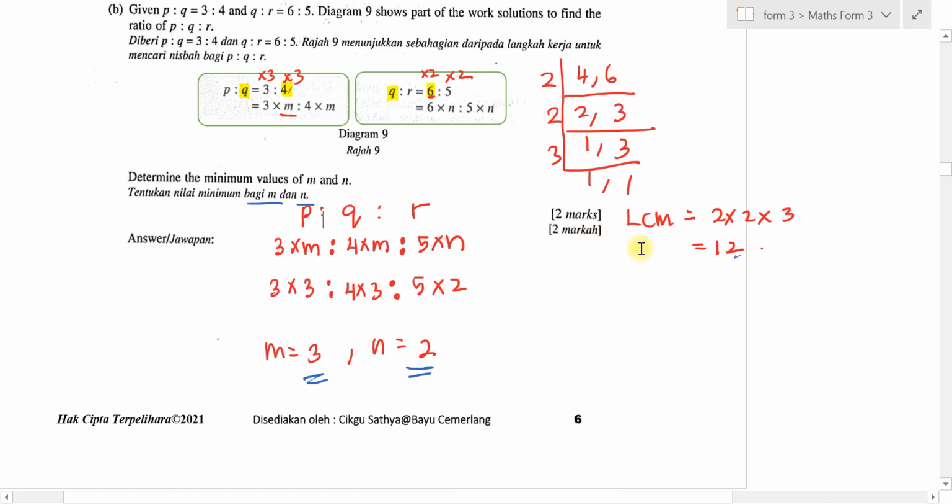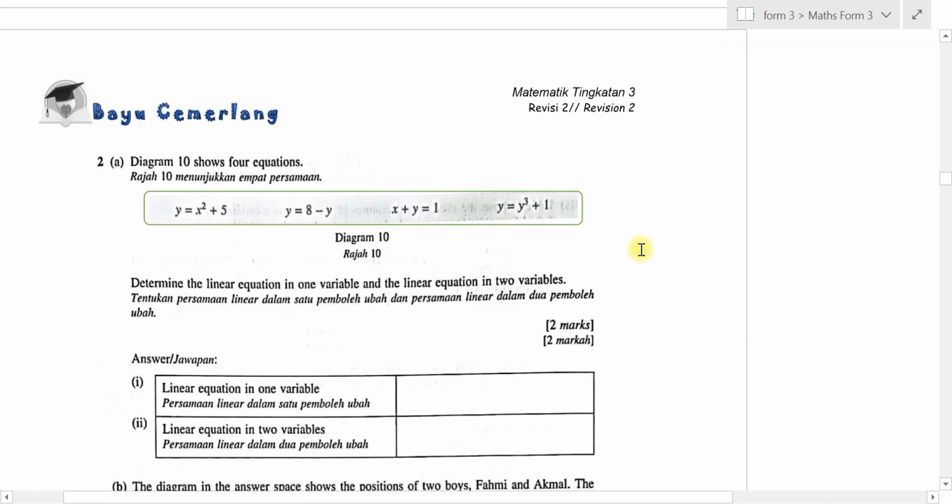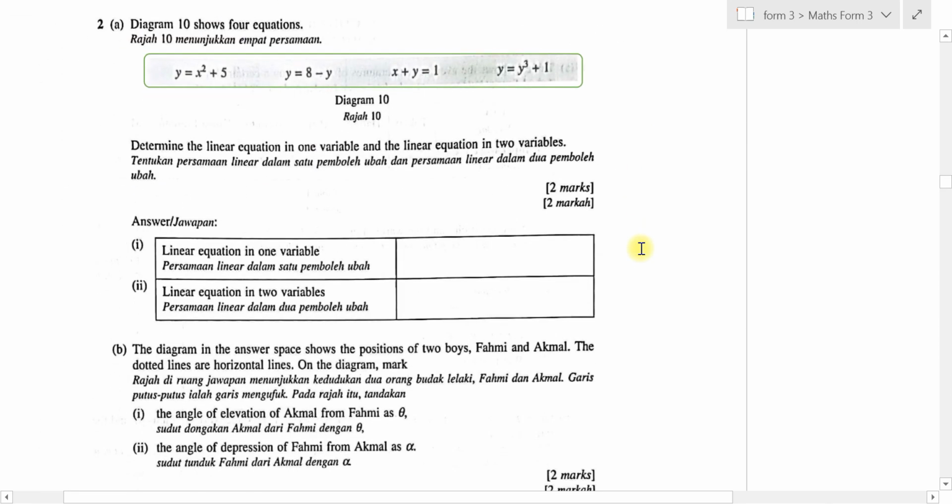Done, sir. Okay, so I proceed to next question. Determine the linear equation in one variable and the linear equation in two variables. One variable: y equals 8 minus y. Yes, correct, because we have one variable only.